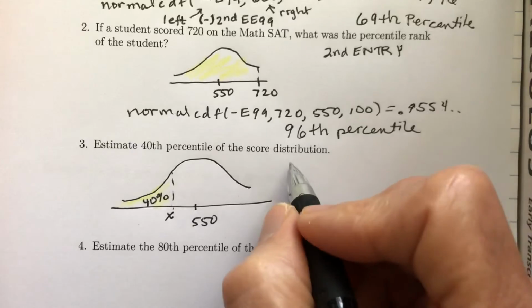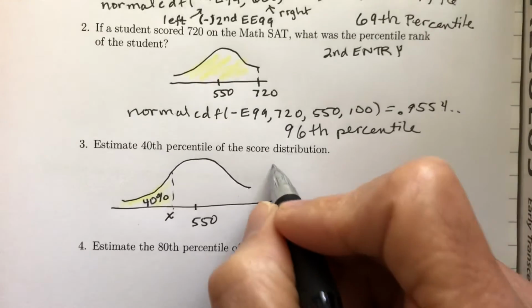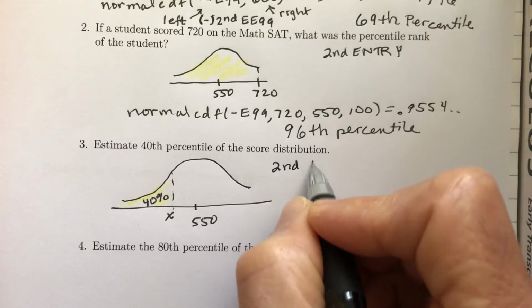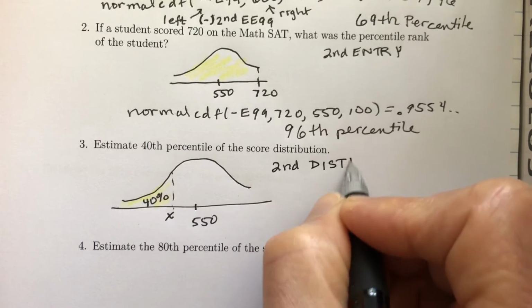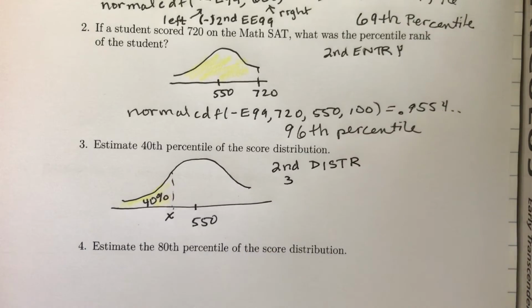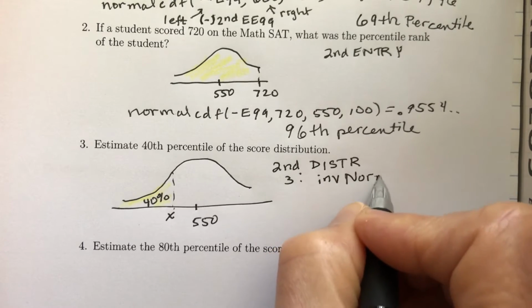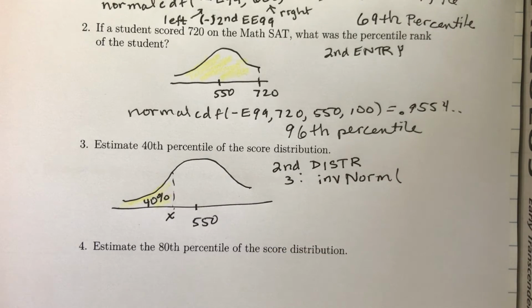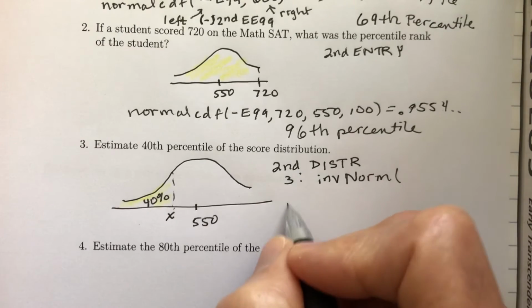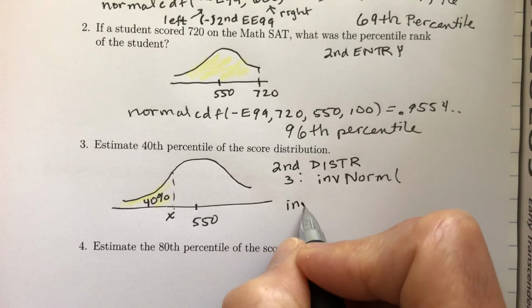This time we're going to do second distribution, and then number 3, which is normal inverse. No, it's almost that. Inverse norm. So you do inverse norm, and you have to press enter.